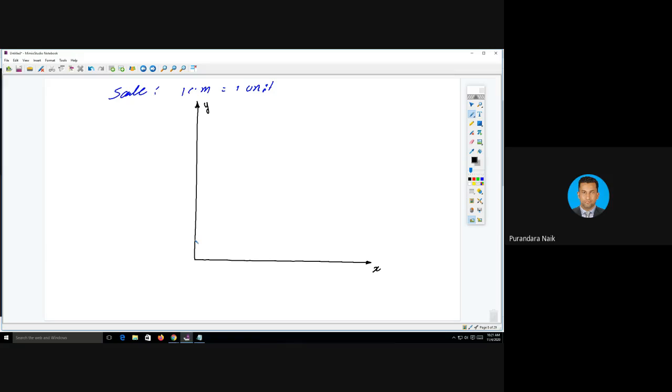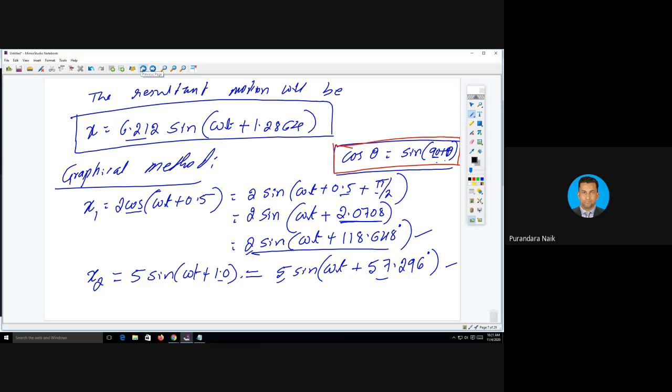So first, x1, we have an amplitude of 2. That is, capital A1, the amplitude of the first SHM, is 2 unit, and the corresponding angle theta is 118.648.